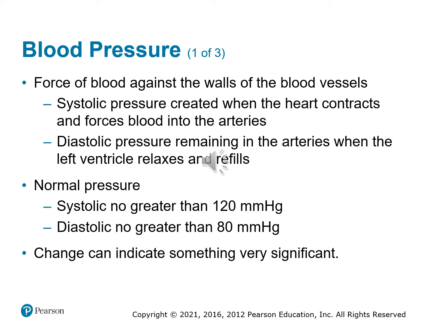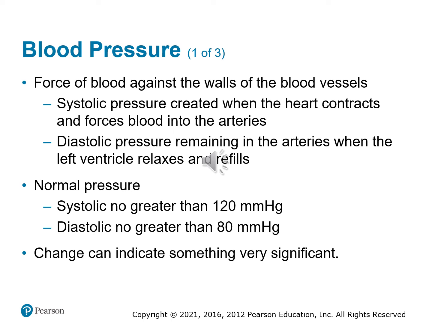As we look at a blood pressure, what it's measuring is the force of blood against the walls of the blood vessels. There are two numbers we're looking at. If you've ever been to the doctor and they check your blood pressure, you're going to have a high number and a low number. That systolic pressure is created when the heart contracts.